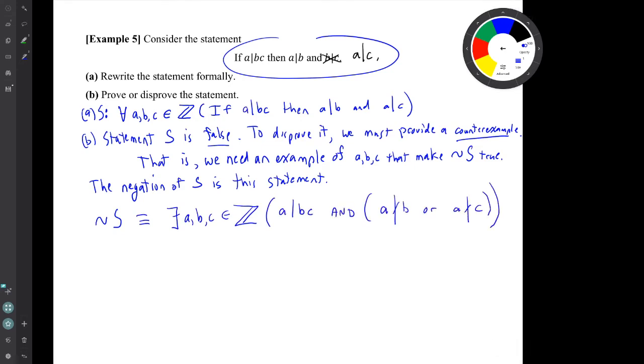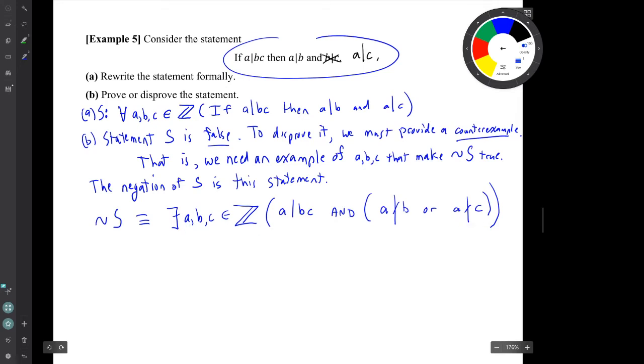So there I applied my rules of negating. I did all that in my head. So we're looking for an A, B, and C that are integers such that A does divide BC. And either A doesn't divide B or A doesn't divide C, or maybe both.